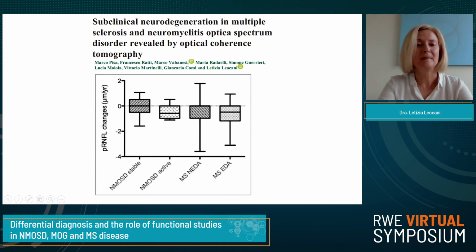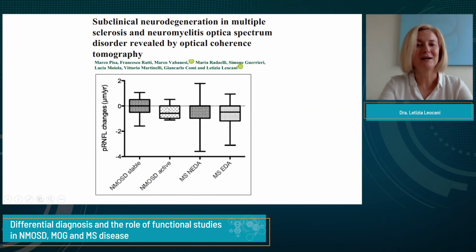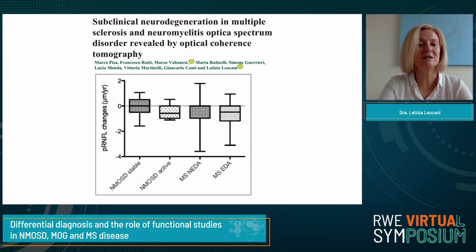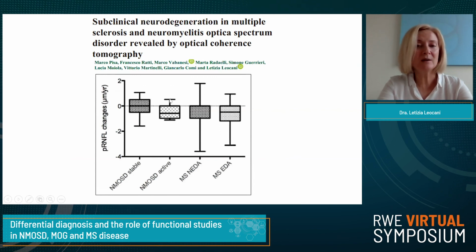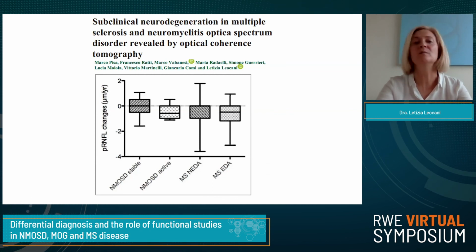But when we disentangle the results concerning disease activity, we found that in NMOSD, the subclinical loss in retinal nerve fiber layer was associated with disease activity. So again, poor disease control can prompt neurodegenerative mechanisms also in people with NMOSD.